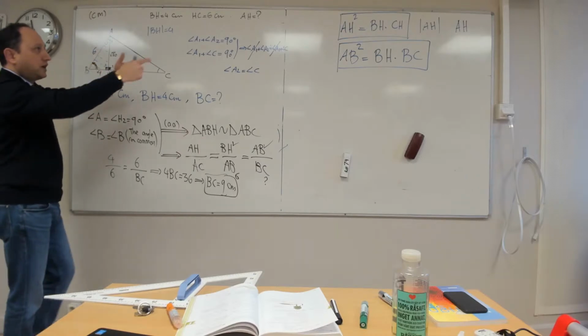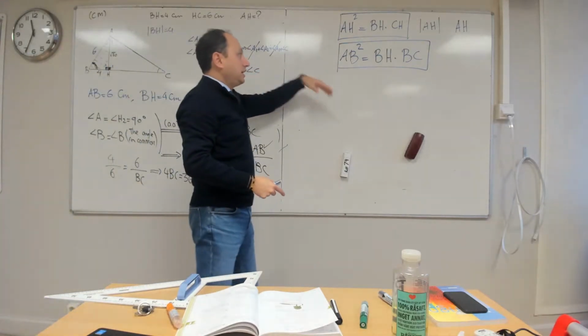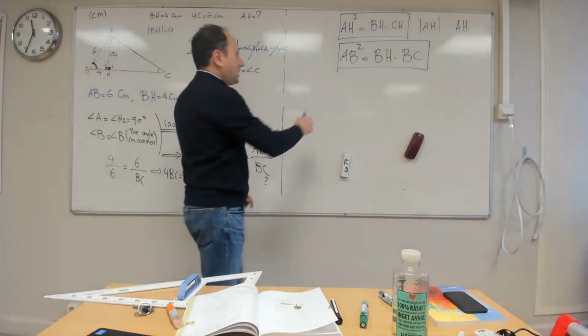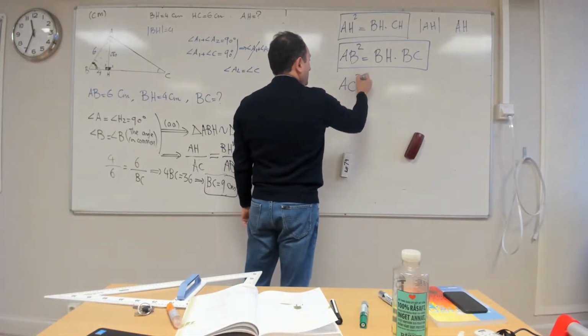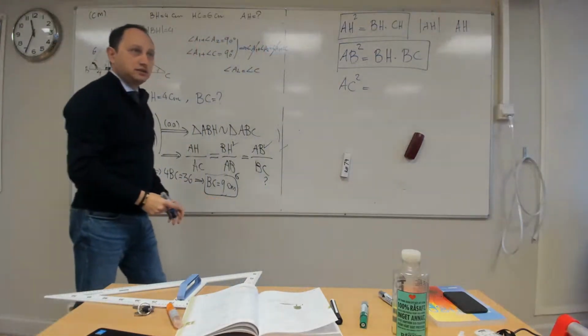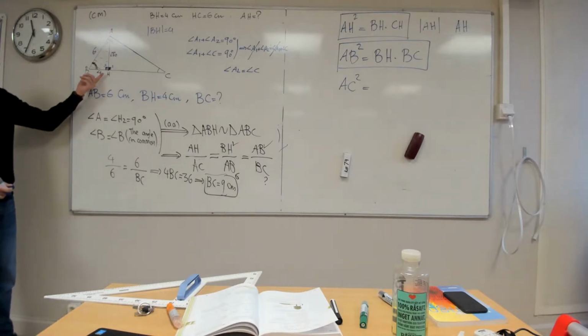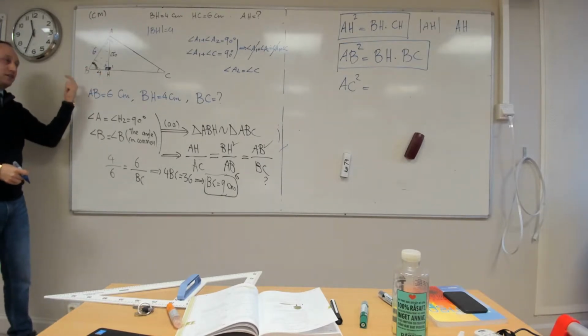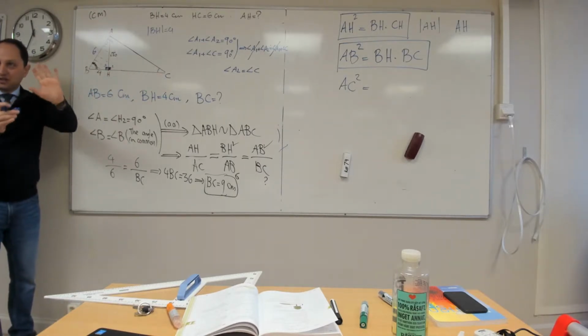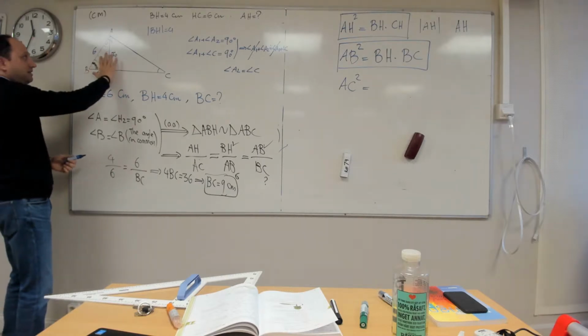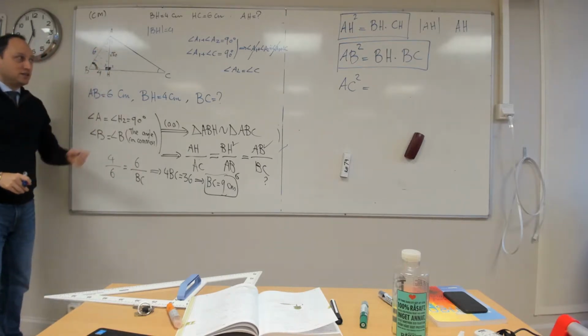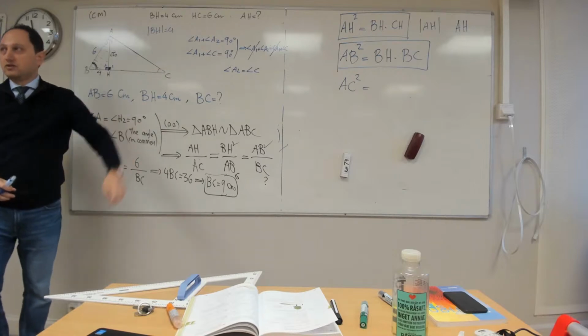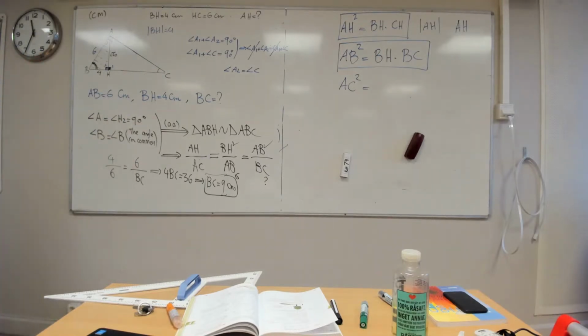Can you see what would be the consequence if I do this process? Can you write something for AC squared based on your intuition here? Because that's the same problem. This is on the left-hand side. This one is on the right-hand side. So it doesn't matter. In reality, you can flip it around, yes? So can you tell me what would be the result for AC squared?